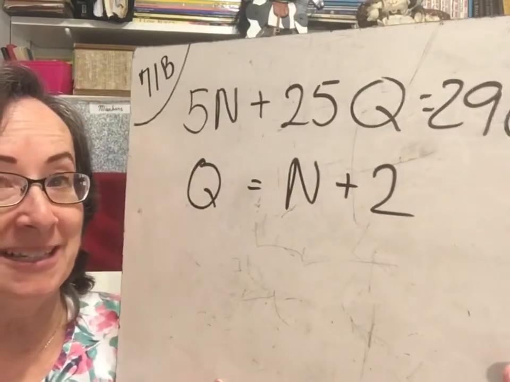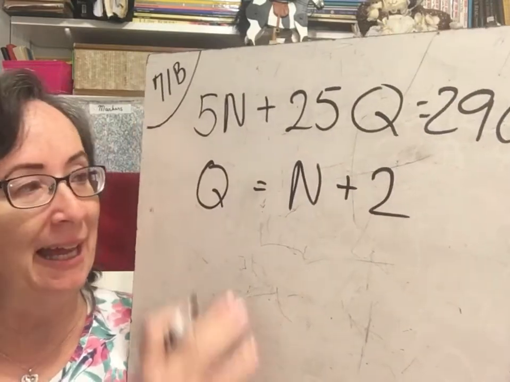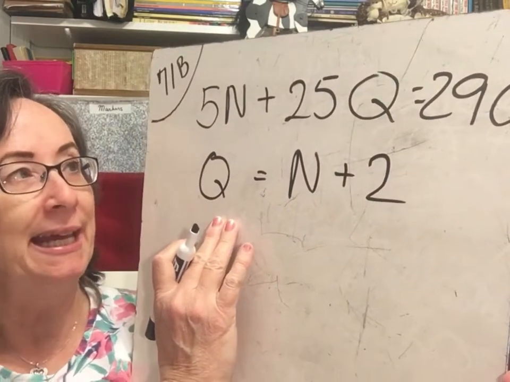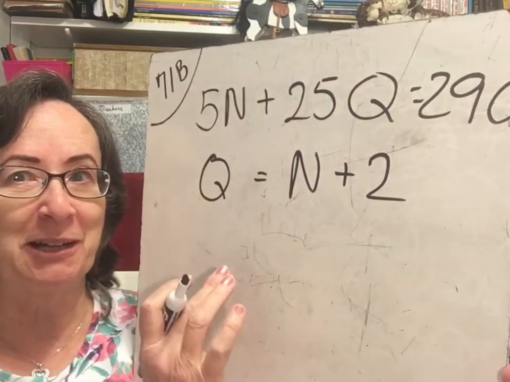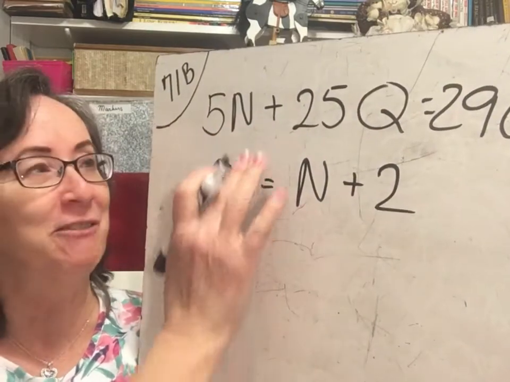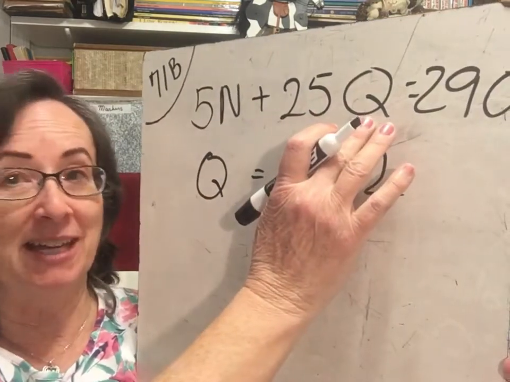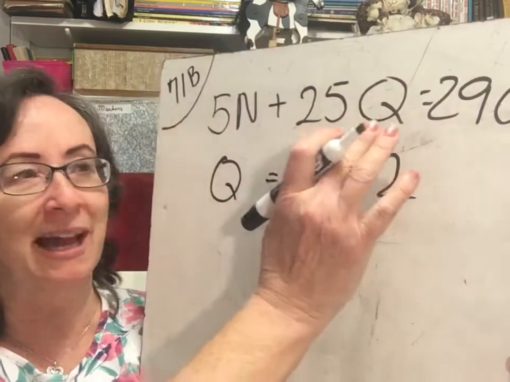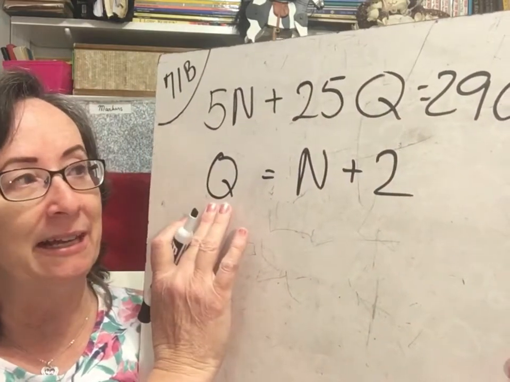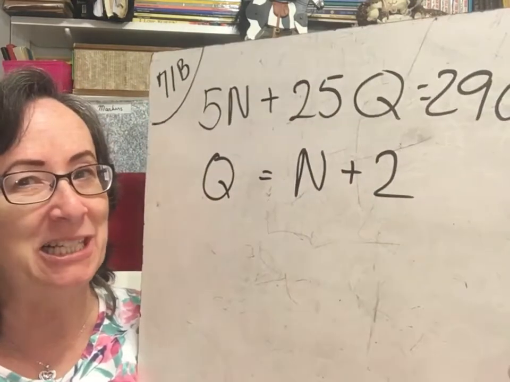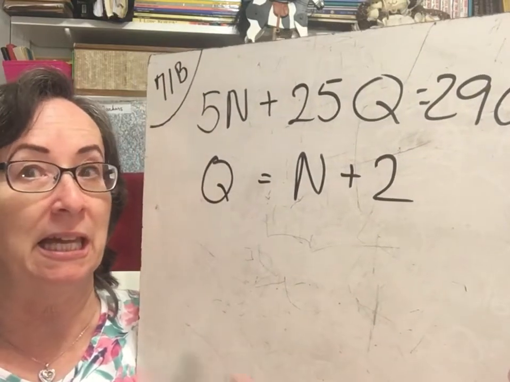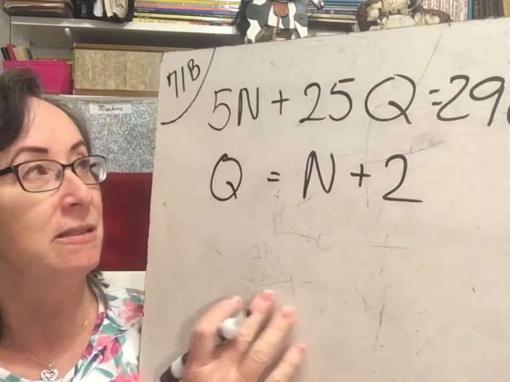Okay, here we're asked to do this one with substitution, and it is set up for substitution. Here, instead of number of nickels, n sub n, I've just used n. And instead of n sub q, number of quarters, I've just used q. And here, I did the same thing. So I just simplified a little bit by using different variables, which is fine.